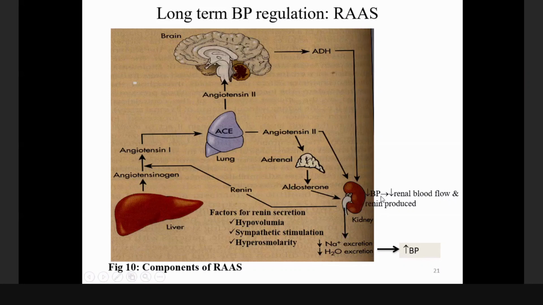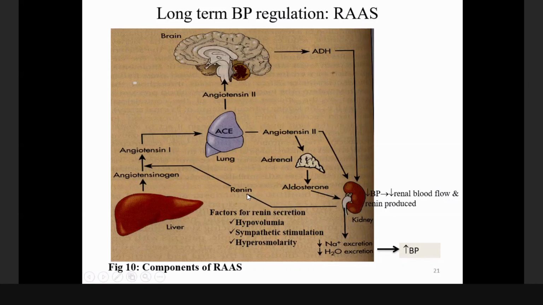So assume your blood pressure is reduced. Then renal blood flow, or the amount of blood flow into the kidney, is reduced. Then renin is produced. Renin is a hormone, or you can say chemical, produced from your kidney, and that renin is released in the blood.